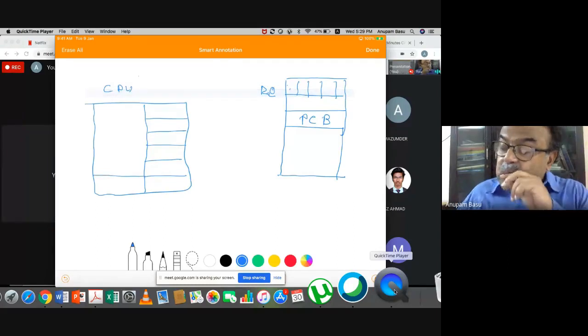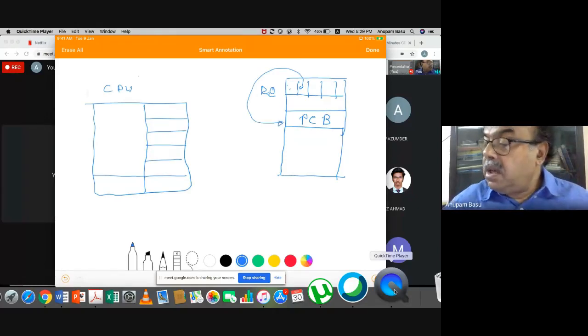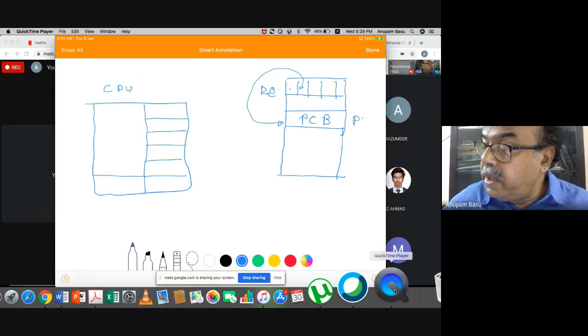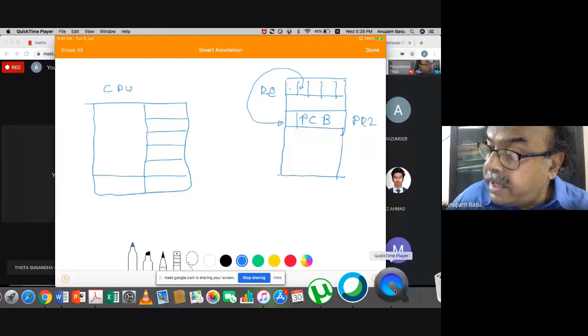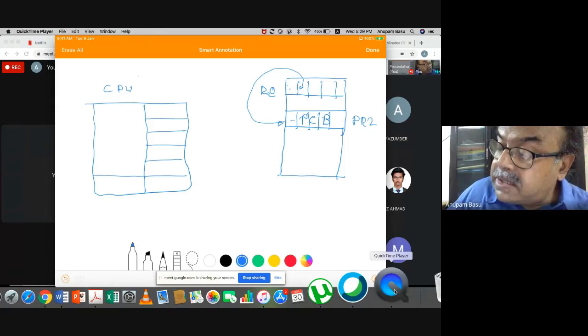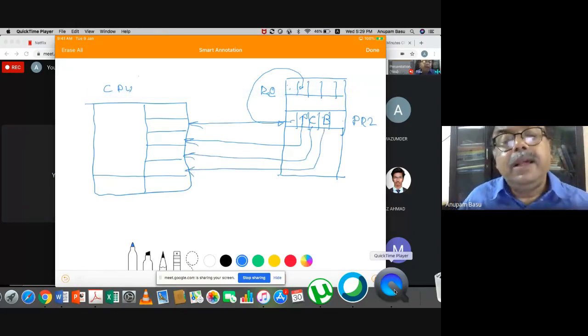Right now, say this particular process, which is PR2 maybe, is being scheduled, so I have got a pointer to this location, PR2. Whatever values are there in this are simply being moved to these registers. So it's a memory to register movement. There is no physical movement in that. So whatever is the delay, that is the delay.